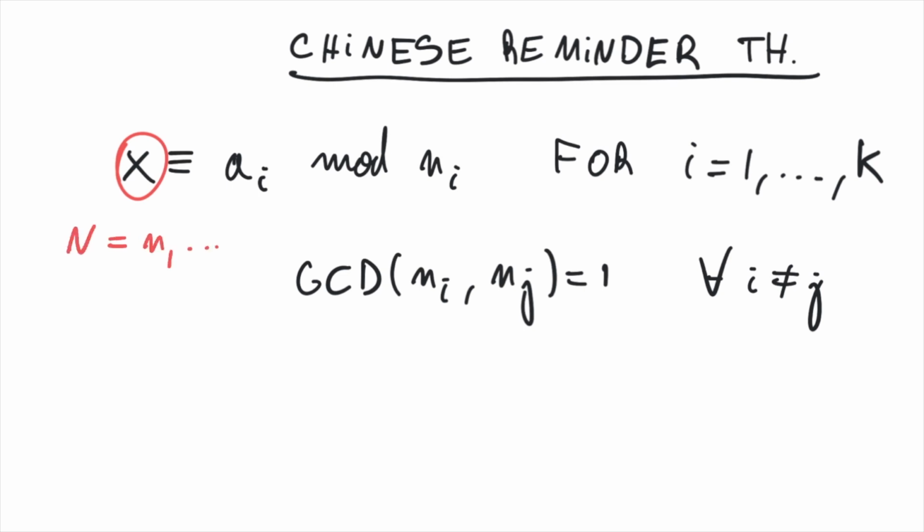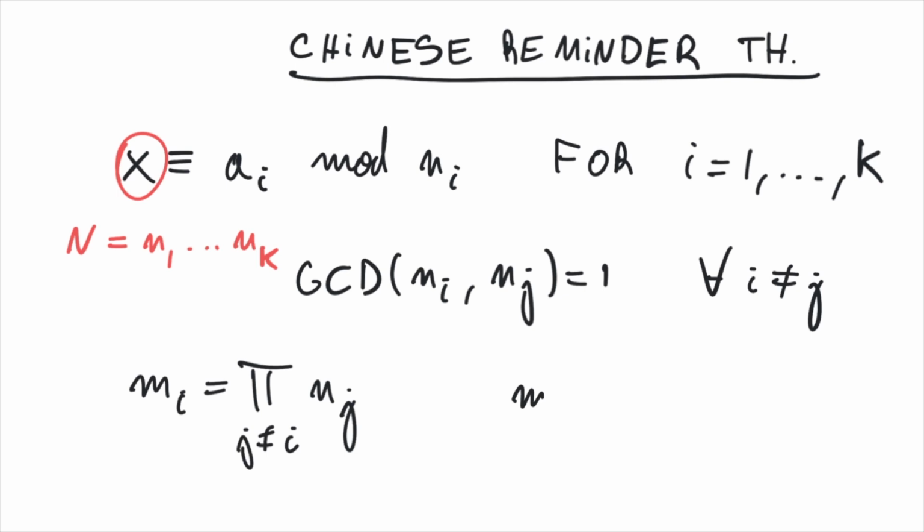product of all moduli. The Chinese remainder theorem tells us that in order to solve these equations, we have to define some magic numbers mi, which are the product of the moduli over the j's different than i.